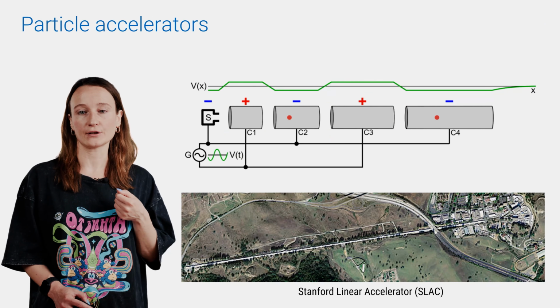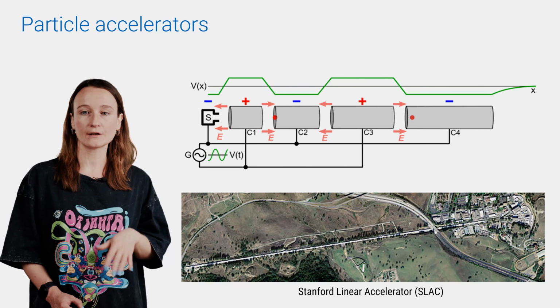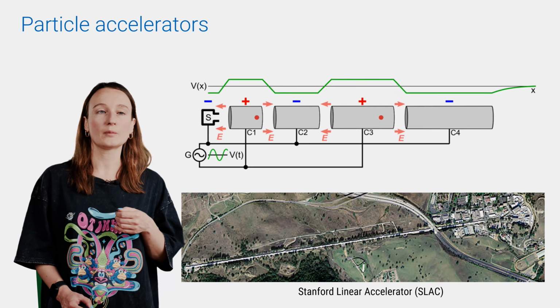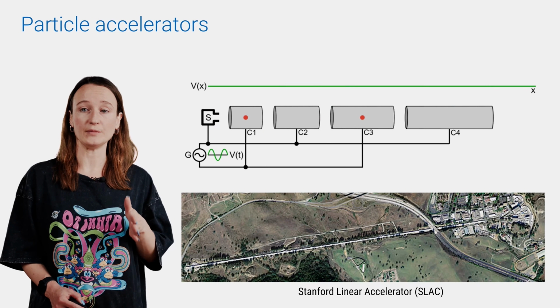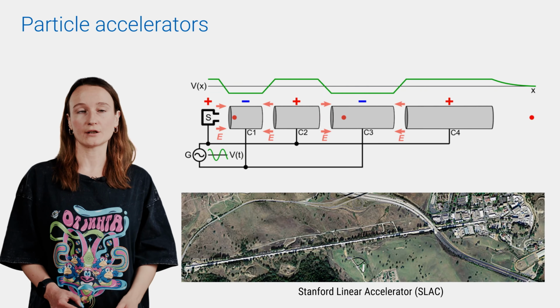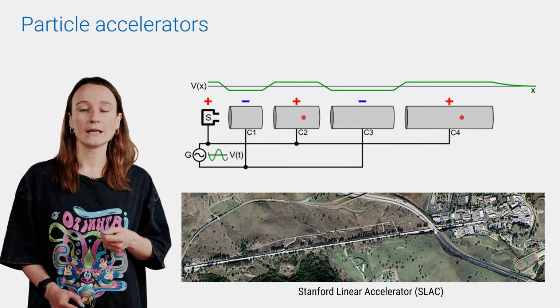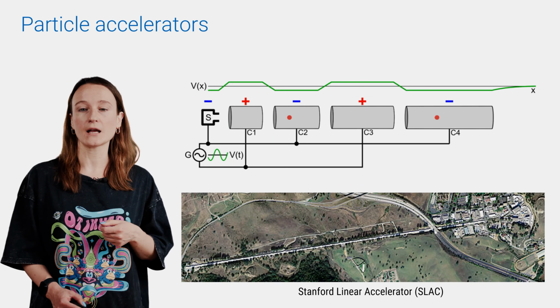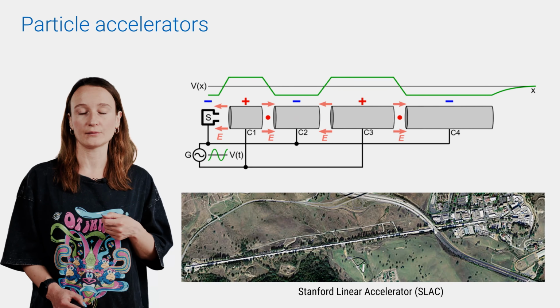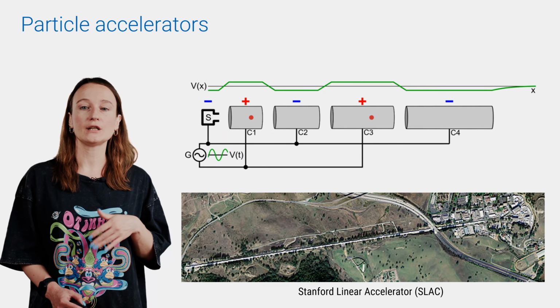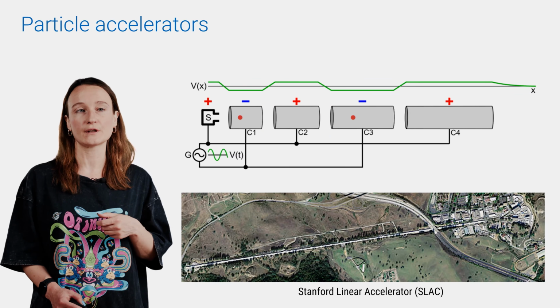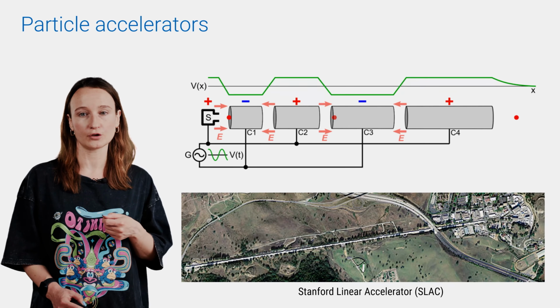Particle accelerators. Accelerators are devices for obtaining directed flows, beams, of charged particles: electrons, ions, protons. In them, the particles are given a certain speed and energy. This energy is used in technological processes and scientific research.